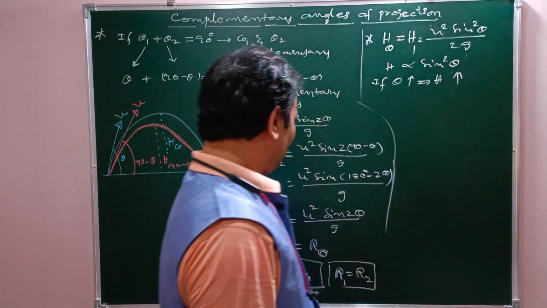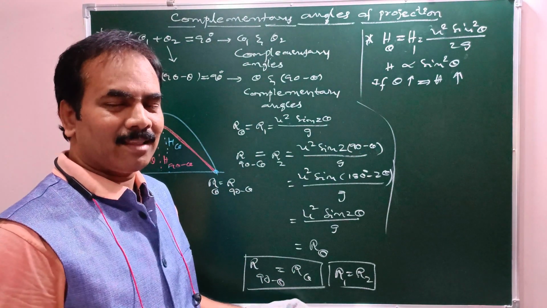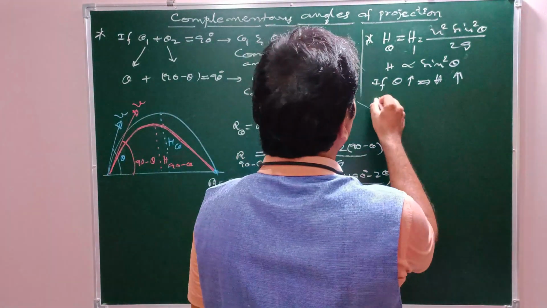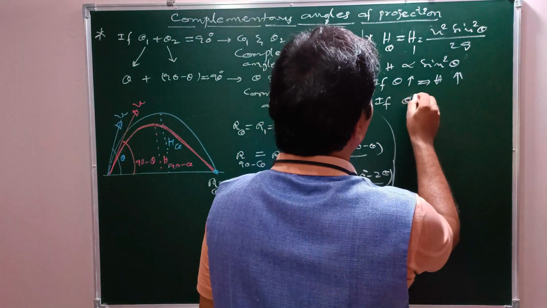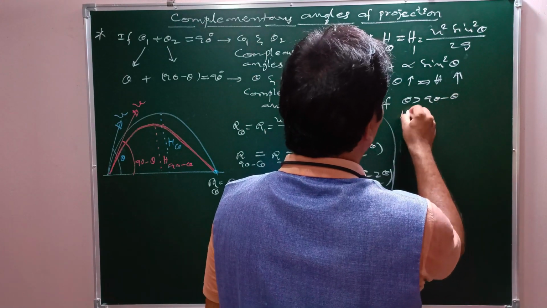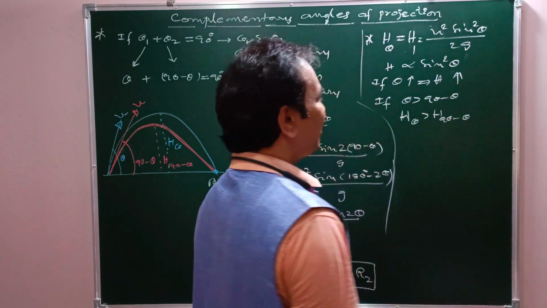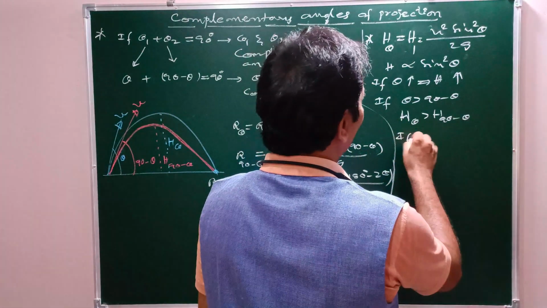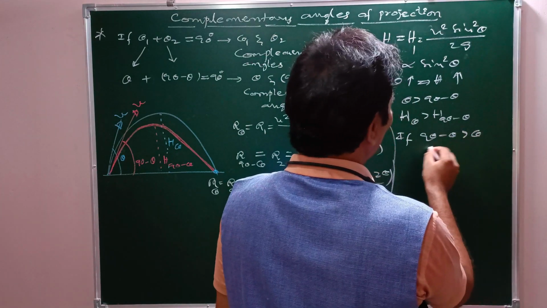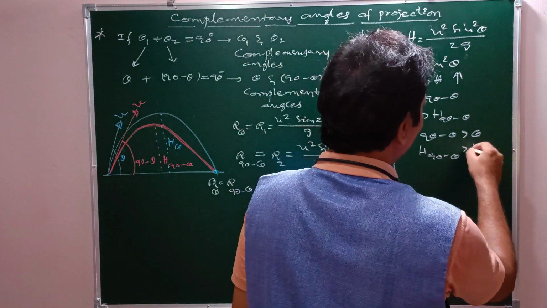So between theta and 90 minus theta, if theta is greater than 90 minus theta, then H at theta is greater than H at 90 minus theta. If 90 minus theta is greater than theta, then H at 90 minus theta is greater than H at theta.